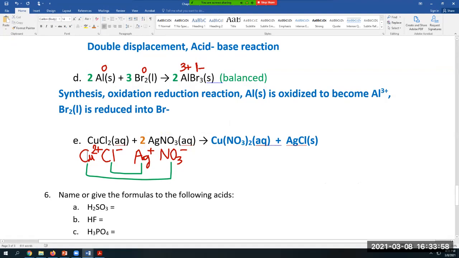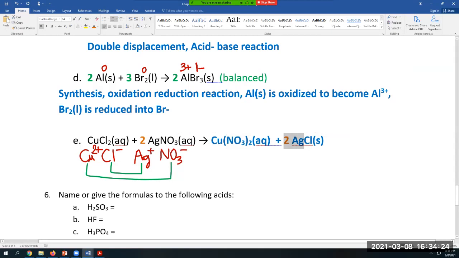So 2 AgNO3, because we want 2 nitrate on the left, like we have on the right. That changes the number of silver to 2. So we will need to make it 2 silver on the right by having a 2 there in front of AgCl to have 2 silver.